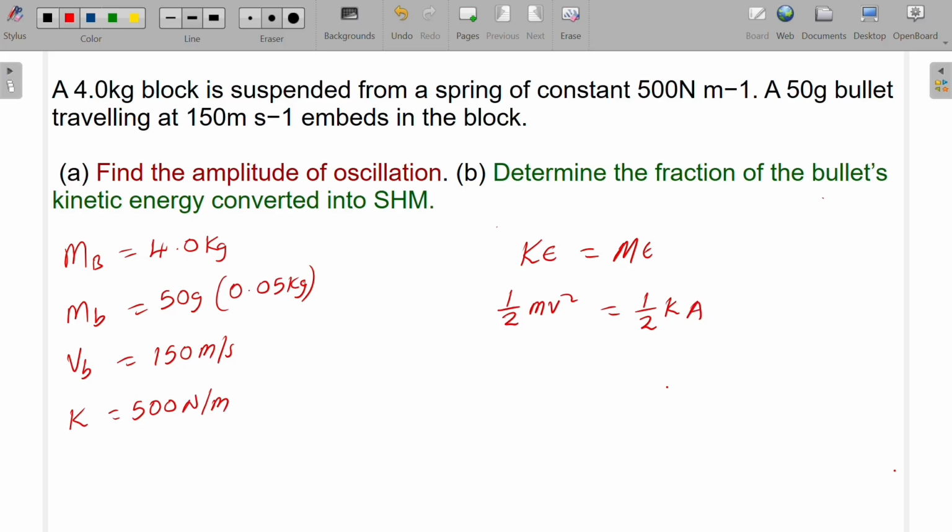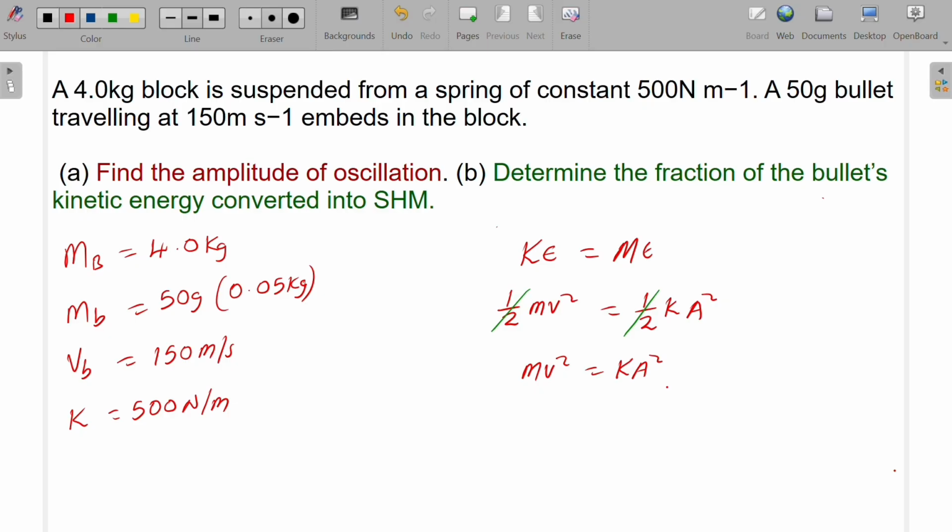So let's write it properly. So that's a squared. Now we are looking for amplitude, so we're going to make it the subject of the formula. The first step is, since we have half here and half there, those two are going to cancel. When that happens, what we have is now mv squared is equal to ka squared, like that.